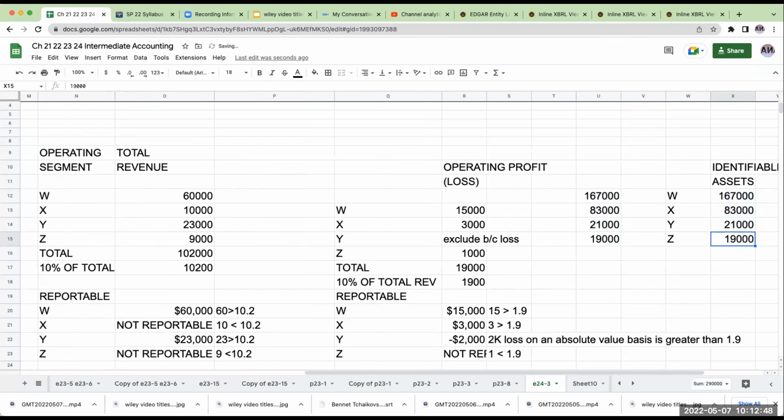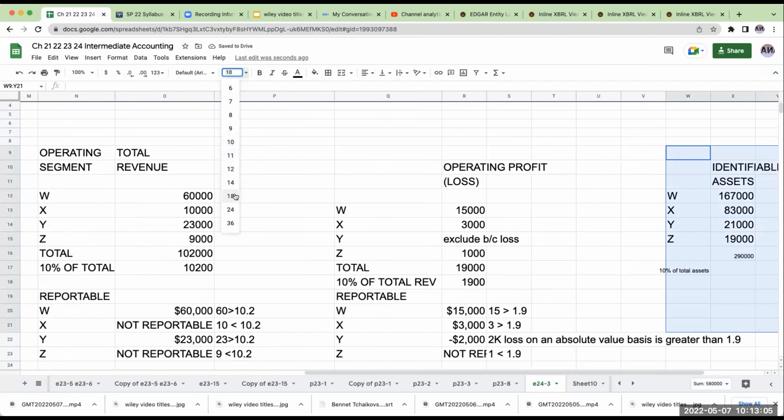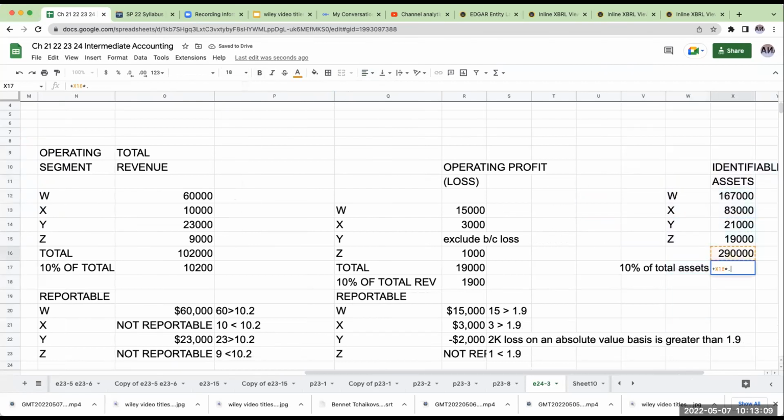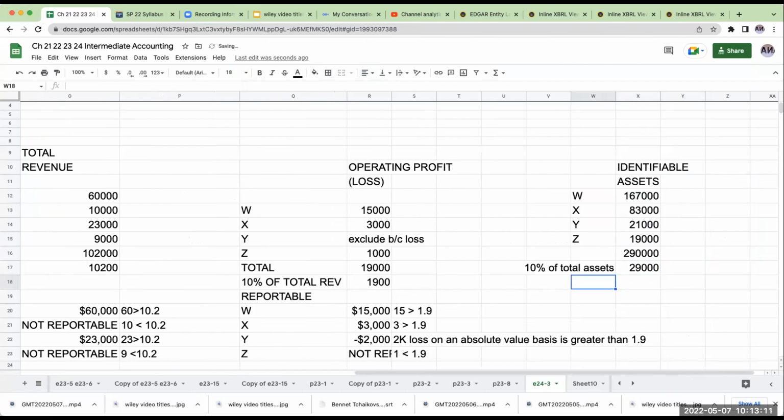Again, this is going to be a little bit more straightforward. My 10% of total identifiable assets is going to be 29,000.